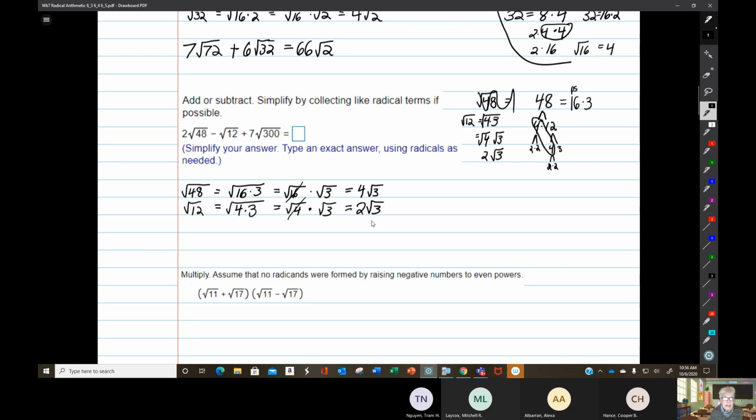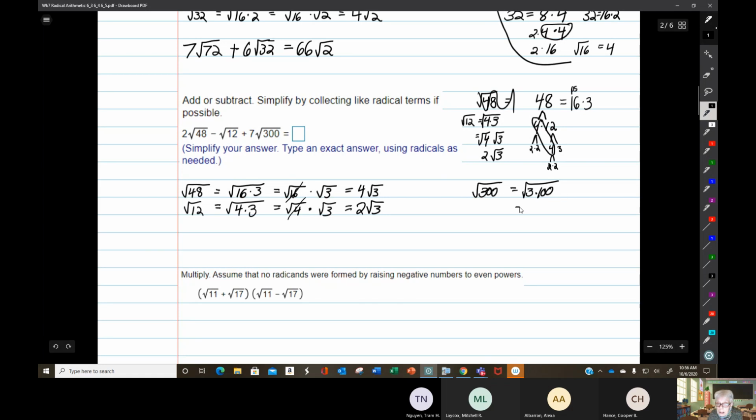And like I said, 300 is 3 times 100. So this one is kind of a gimme, okay? The square root of 300 equals the square root of 3 times 100, and 100 is 10 times 10, a perfect square.